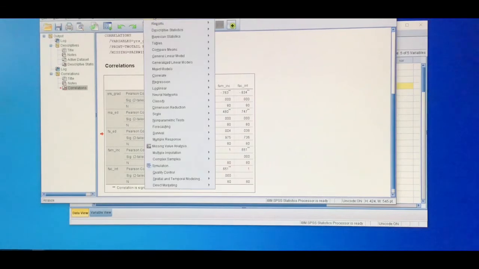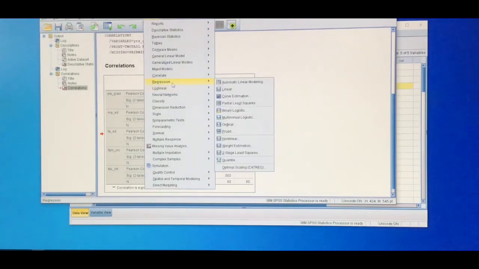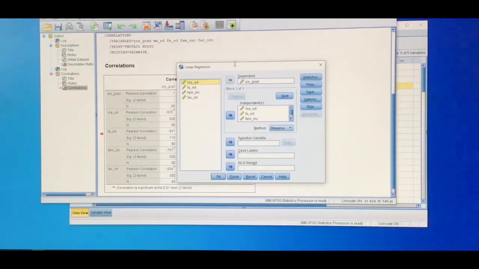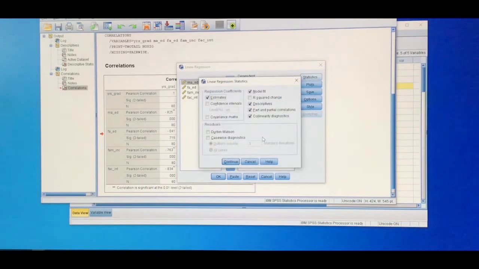Now let's see, where do we find the stepwise regression over here. You go to the regression, you go to your linear, and I have my dependent variable here. I have already input it earlier, and my independent, all the rest, it's here. The 4 variables are all here. Now the method I'm choosing is stepwise. Let's look at our statistics.